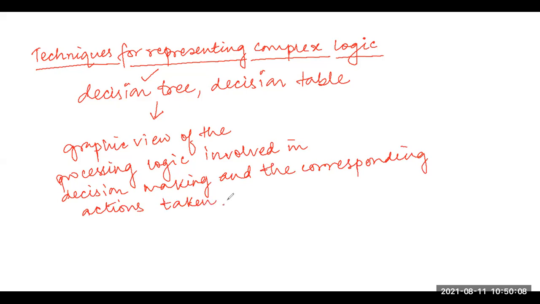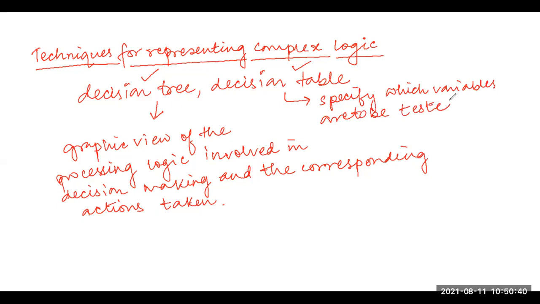So decision trees give a graphical view of what processing needs to be done, what decisions need to be made, or what actions need to be taken. And the decision table will specify which variables are to be tested, and based on this, what actions are to be taken.